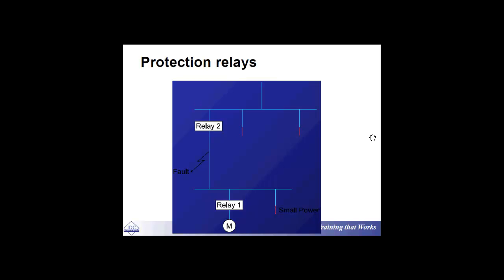That's a very simple example. You have got a motor that is protected by relay number 1, to be backed up by relay number 2. So there's a fault. If the fault is at the location between relay 1 and 2 and the source is on top, while relay number 1 is not involved, relay number 2 just operates. What about if you have got a small power source at the location connected to relay 1? In that case, you have got feed to the fault point from 2 points. That's one of the things.